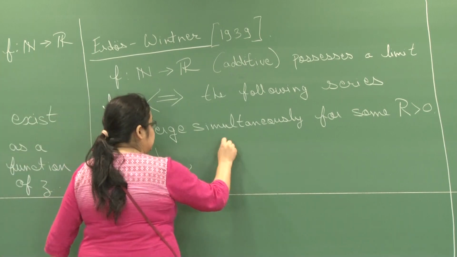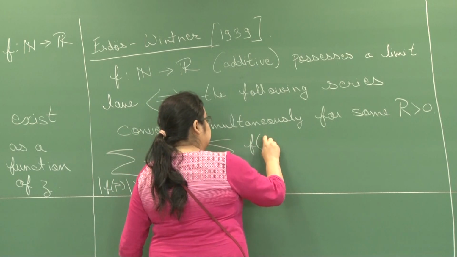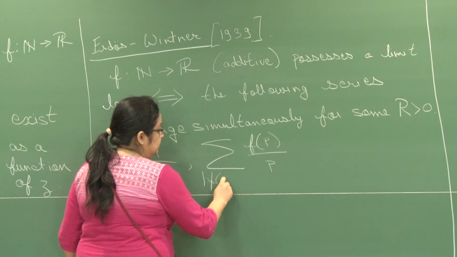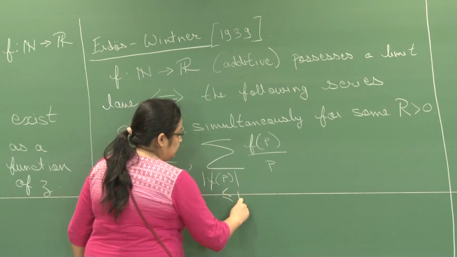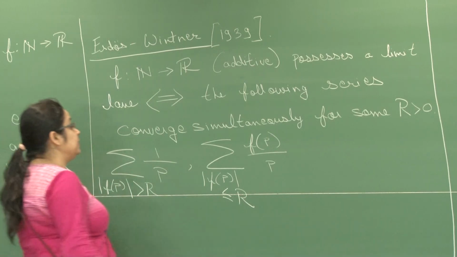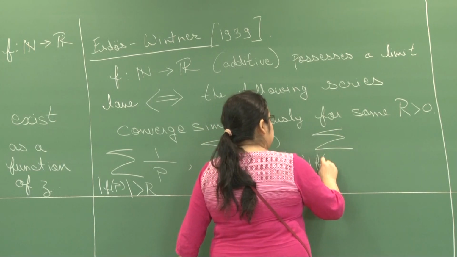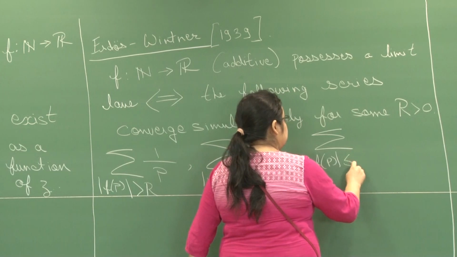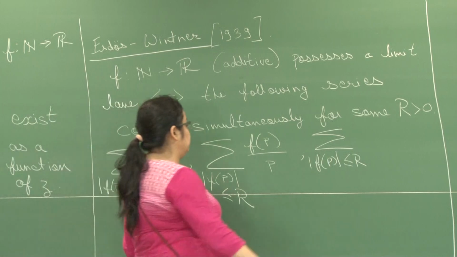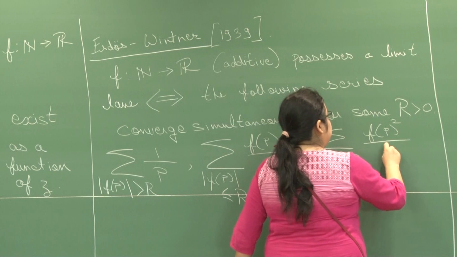The other series is the summation of f of p over p, where you run over all those primes for which absolute f of p is less than or equal to r, and summation, again over all those primes for which absolute f of p is less than or equal to r, of f of p whole square over p.